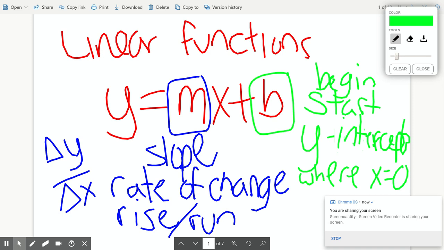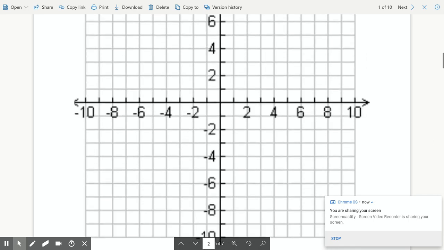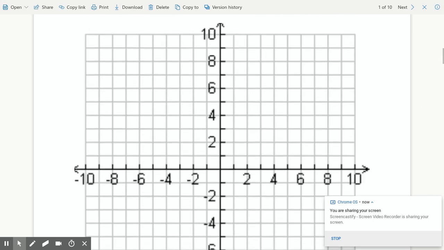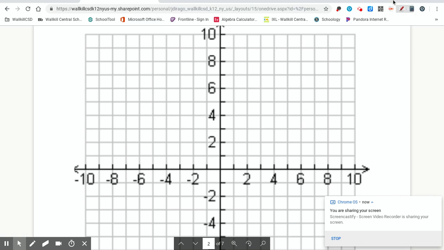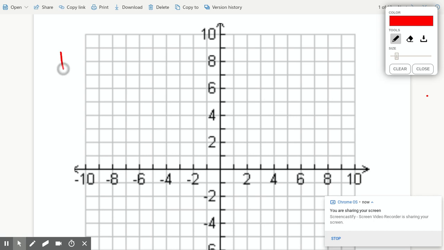Okay. So, graphing linear functions. If I wanted to graph y equals 2x plus 1, first thing I would do is identify where do I start and what's my rise over run.